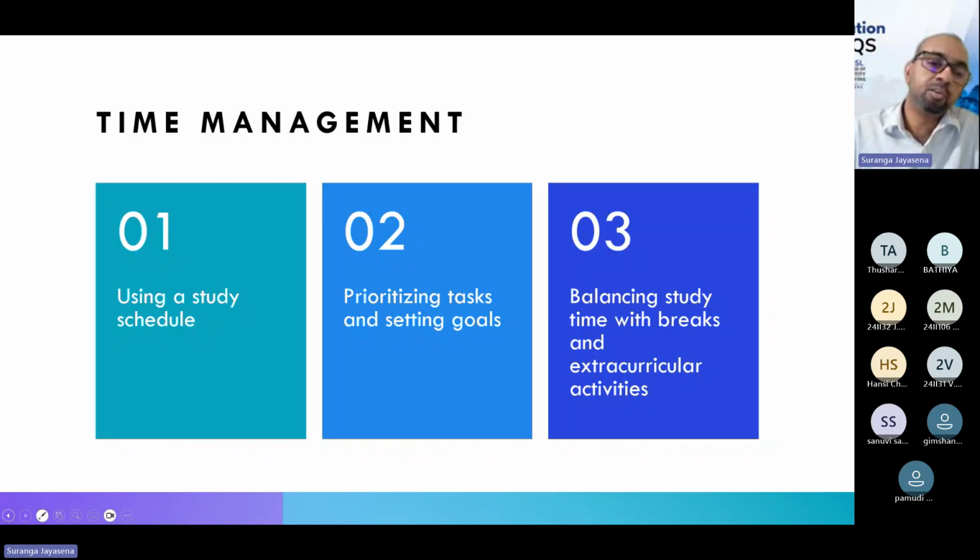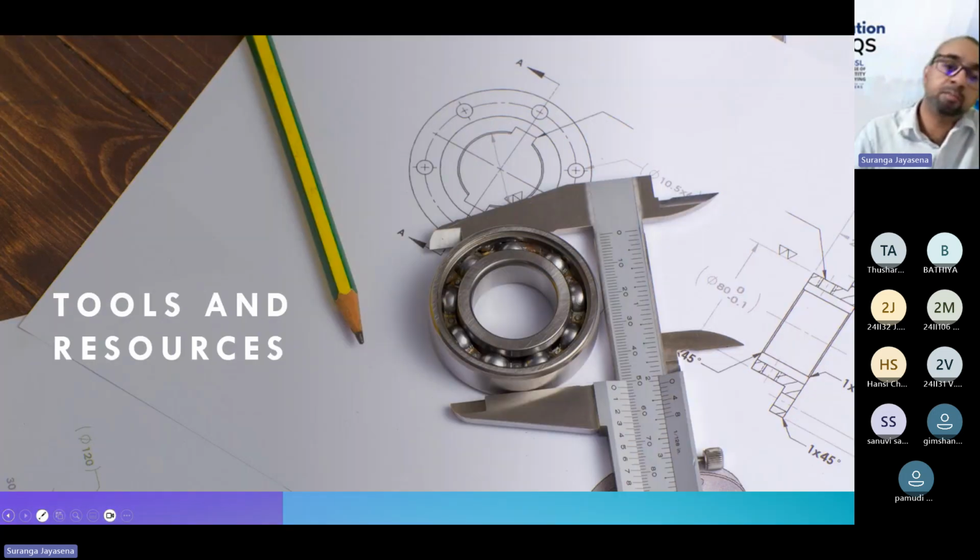Right? Then also know the tools and resources available for you through your learning process.